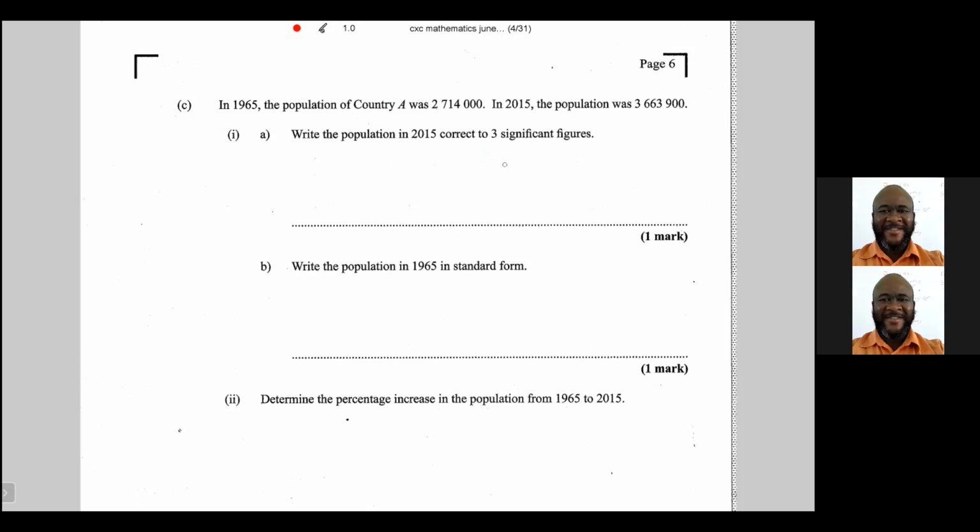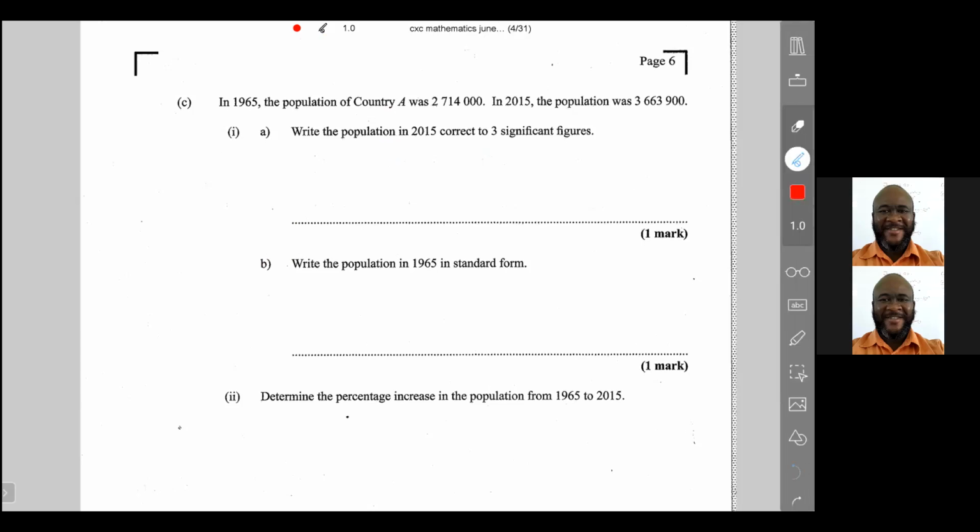So the population in 2015 was 3,663,900.